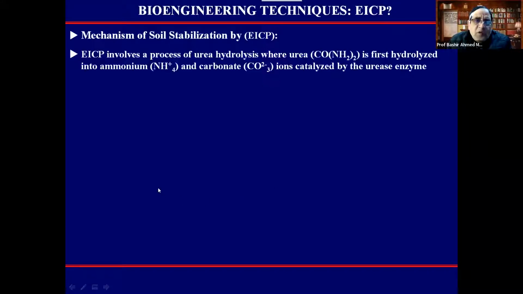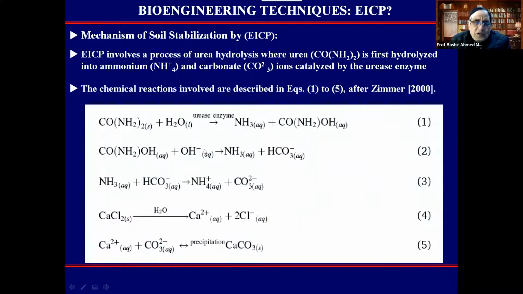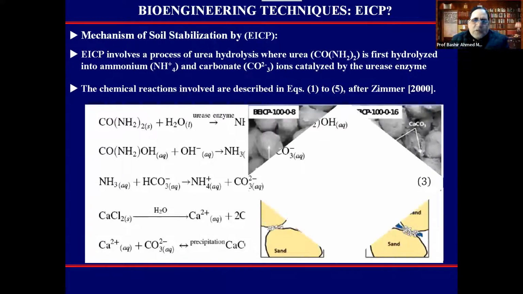The mechanism involves the process of urea hydrolysis, where urea is first hydrolyzed into ammonia and carbonate, catalyzed by the enzymes. The chemical reactions involved are described in these equations. The chemical equations are more related to chemistry.